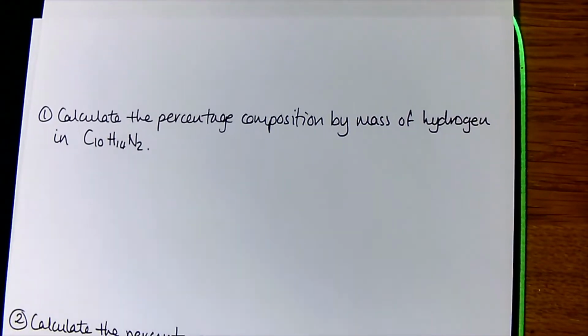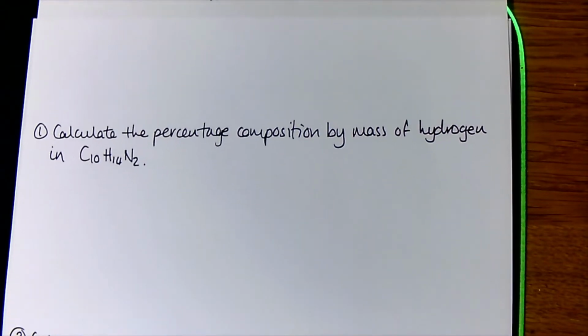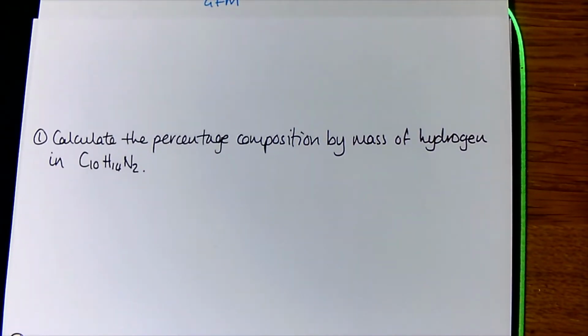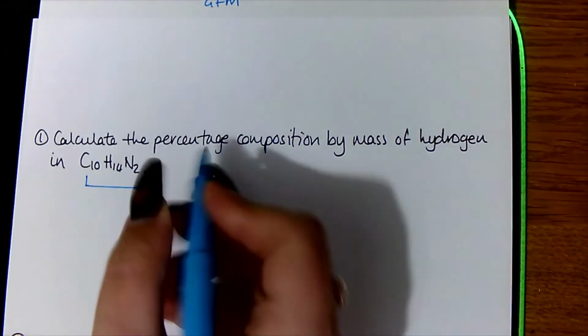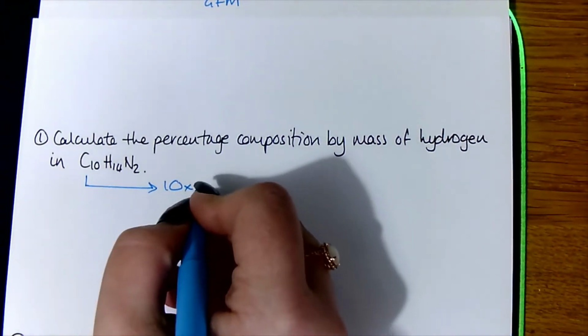Question 1. Calculate the percentage composition by mass of hydrogen in C10H14N2. So the first thing that we need to do is calculate the gram formula mass. Here we have 10 carbons, so we have 10 times 12.